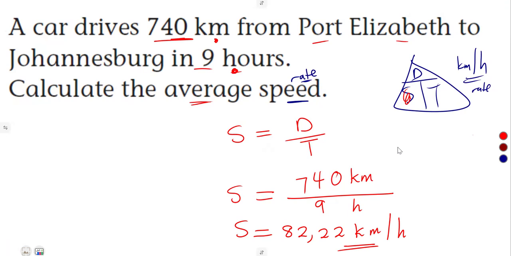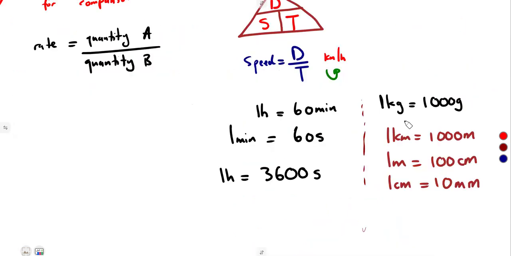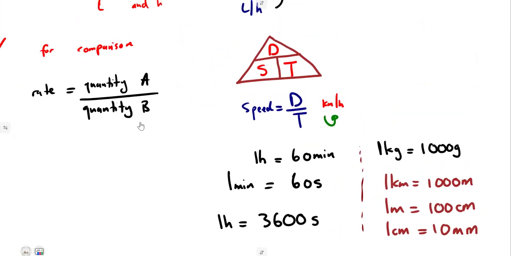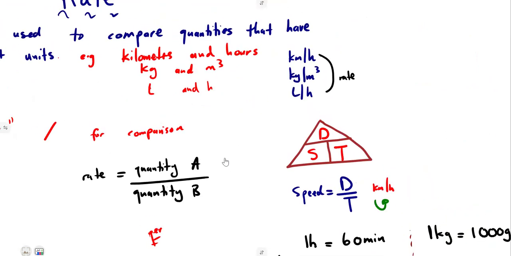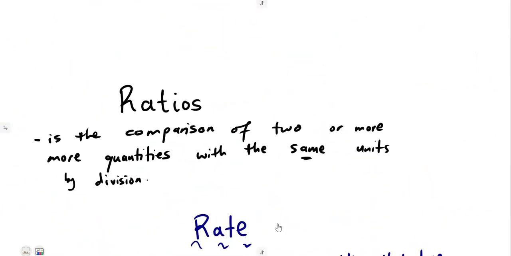A rate is on its own, a ratio is on its own. Do not forget that. These two are different. With a rate, you're comparing quantity A to quantity B. There must be a pair. But we saw that we never had that before when dealing with ratios.